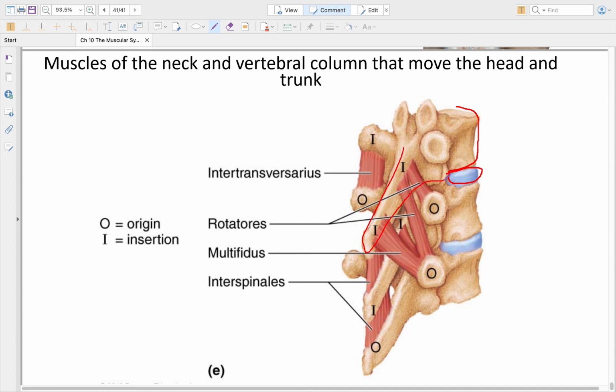I'm just going to draw it. That's the spinous process. And then another process sticking out this way is the transverse process. This is another transverse process. So this is for that vertebrae.